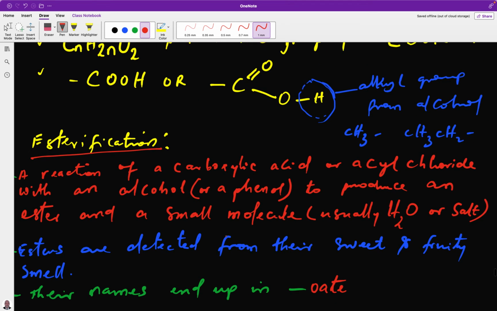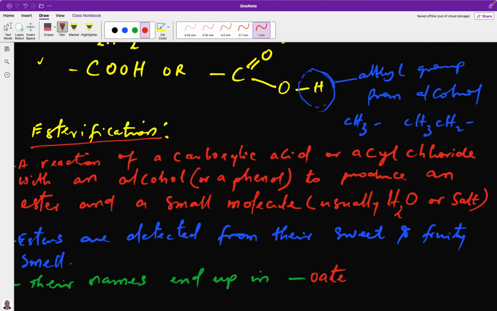Then it drove us to esterification. And I said the term esterification implies a reaction of a carboxylic acid or an acyl chloride with an alcohol or a phenol to produce an ester and a small molecule, which is usually water or salt.